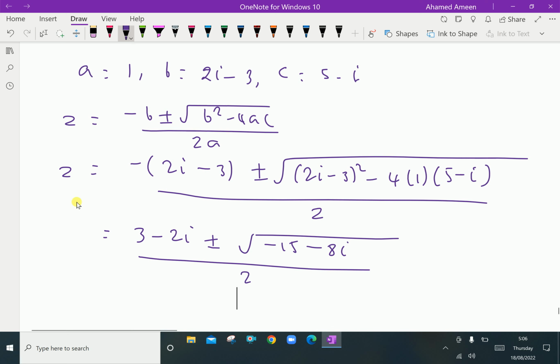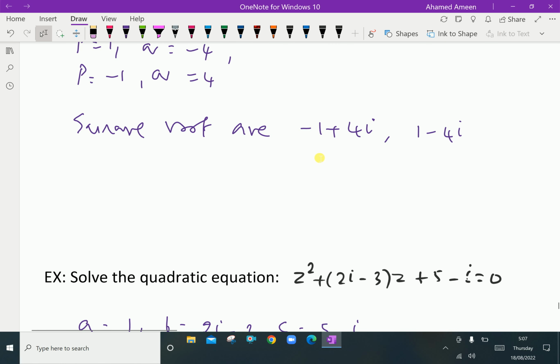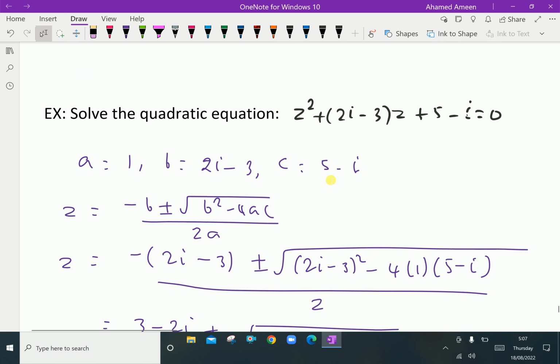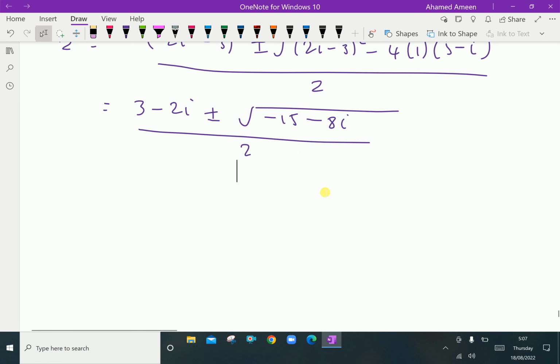Here in the previous problem we found the square root of minus 15 minus 8i is minus 1 plus 4i and 1 minus 4i. We have to substitute these values.